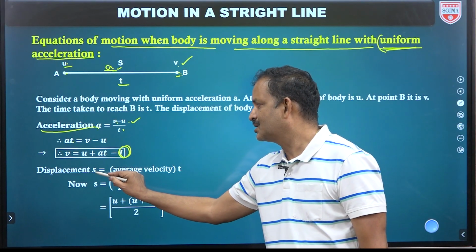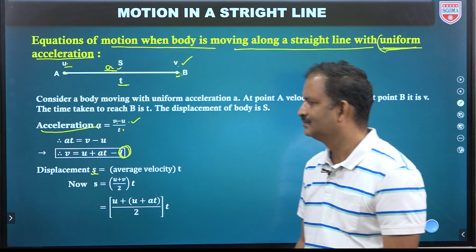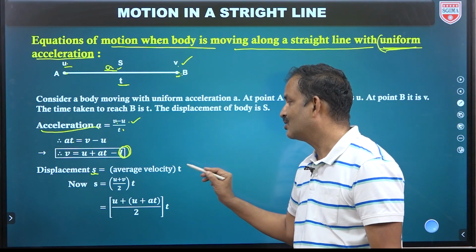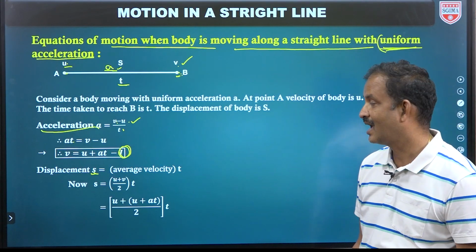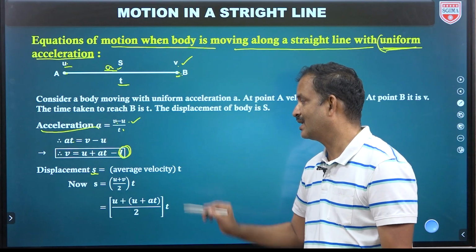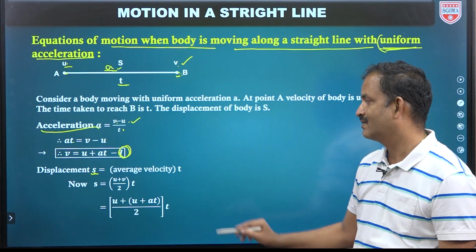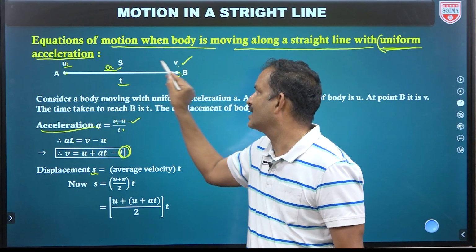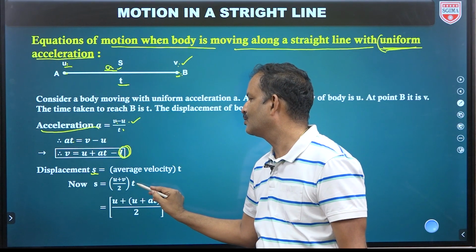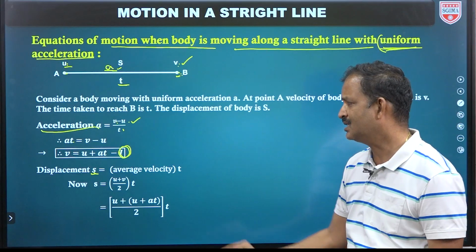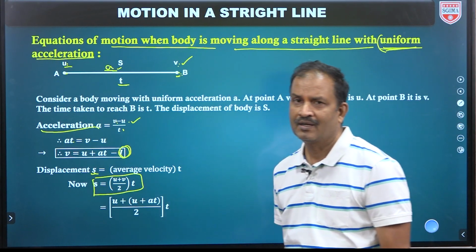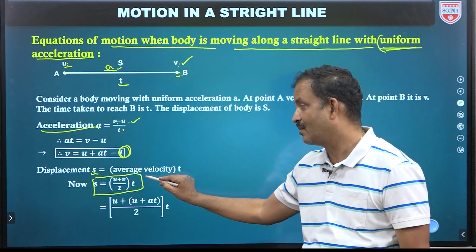Now, displacement s is average velocity into t. Here average velocity means u plus v by 2, into t. This is a very important formula. This is possible only when the body is moving with uniform acceleration.